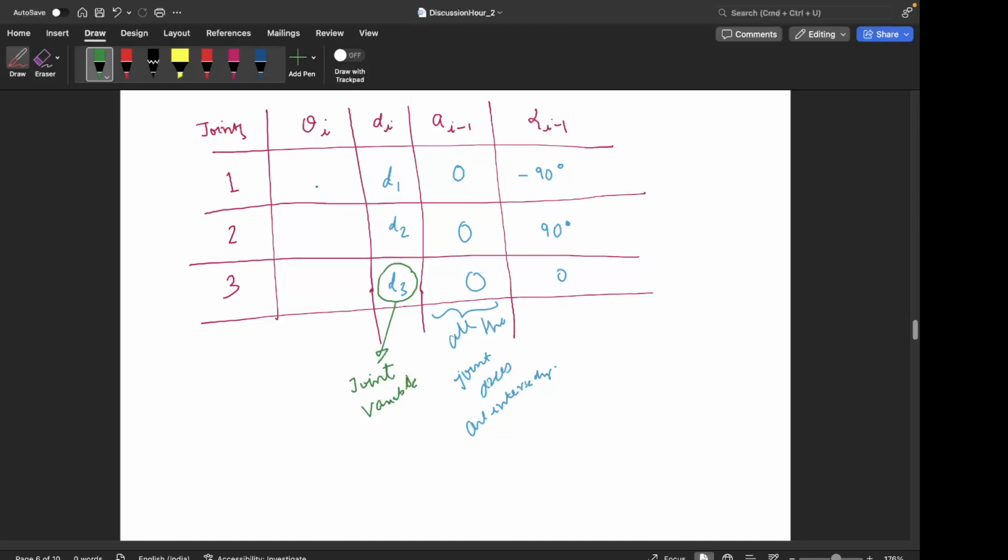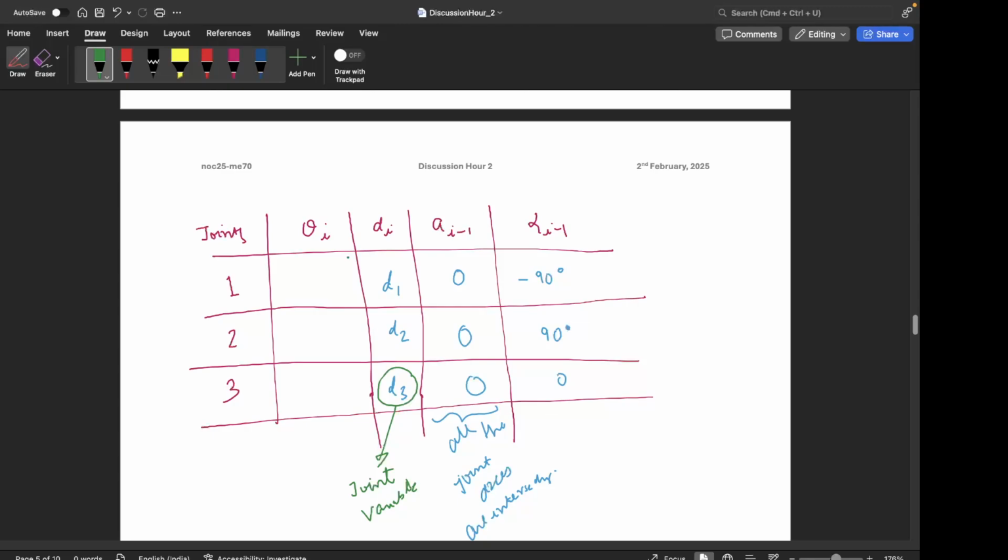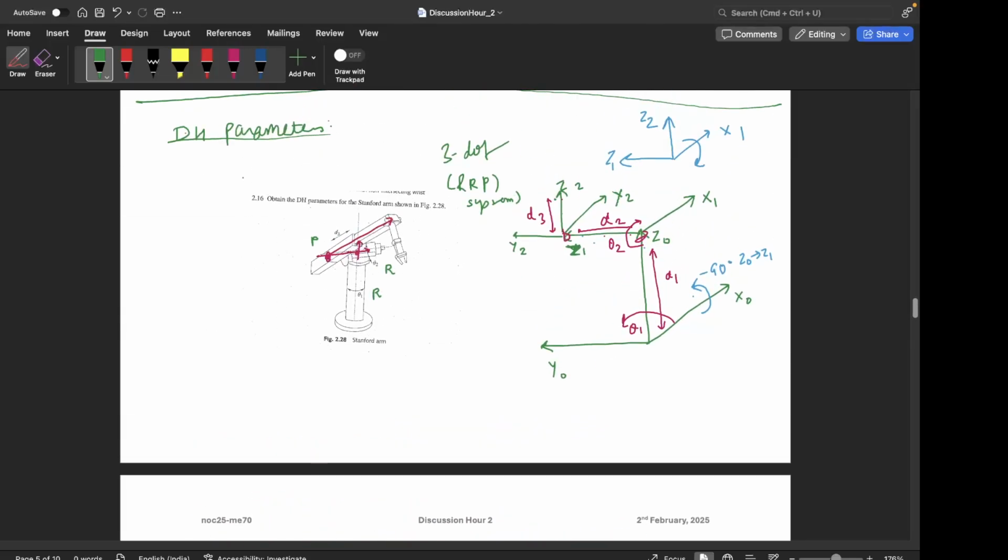And finally, for the joint angle, right? So for the first two, it's the revolute joint, so it's theta 1 and theta 2, and basically this is calculated by how x1 is oriented with respect to x0 along z0. So x1 if rotated, then it's theta 1 and theta 2. And then finally for the third joint, since it is not a rotating joint, that remains fixed, right?